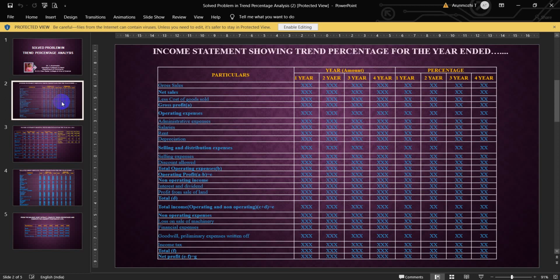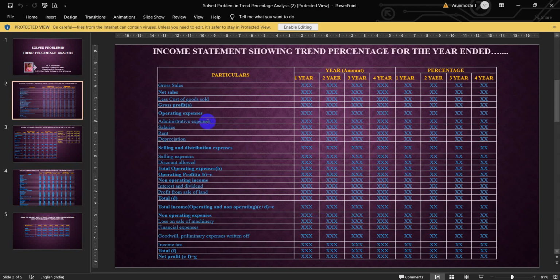You will be given figures for 3 years, and the percentage you have to calculate with 100 as the base year. Usually, if the base year is not given, we take the first year as the base year.